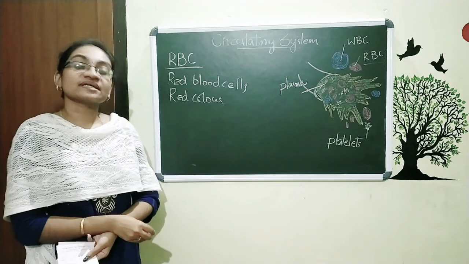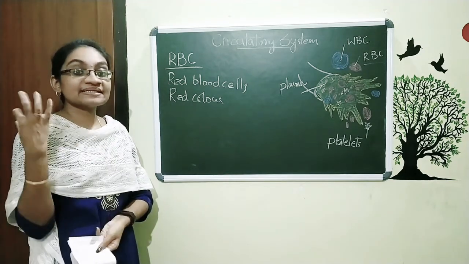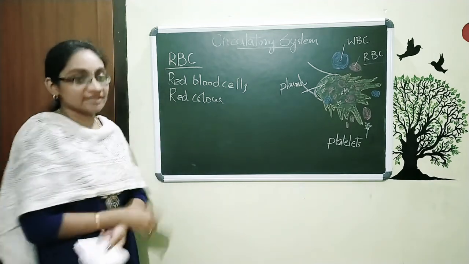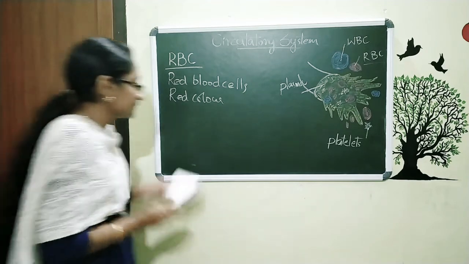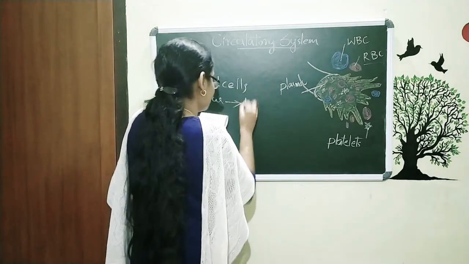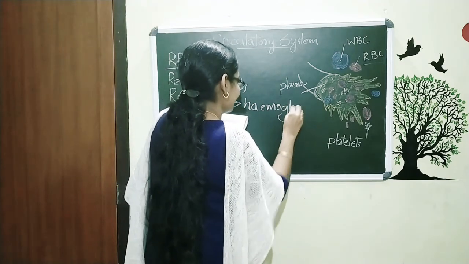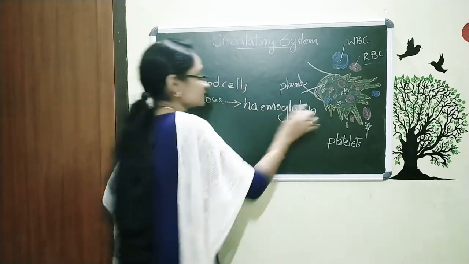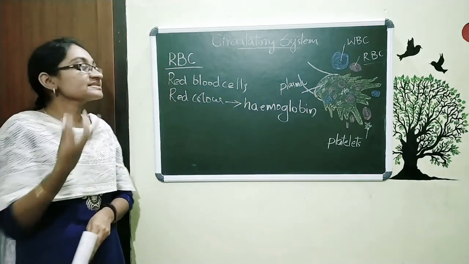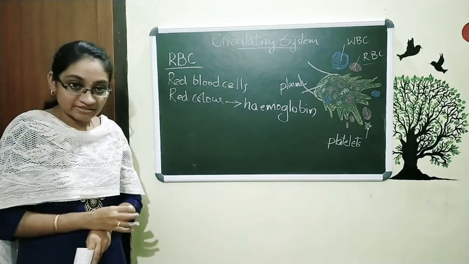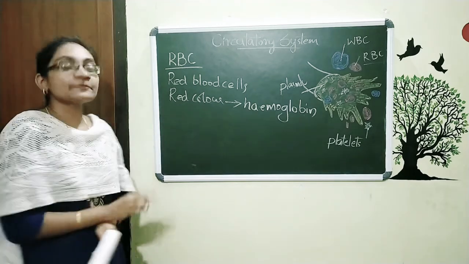Why are they red? They are red because they have a certain pigment that gives the red color, and that pigment is called hemoglobin. So, in our red blood cells, there is a pigment called hemoglobin, which gives red color to the red blood cells.